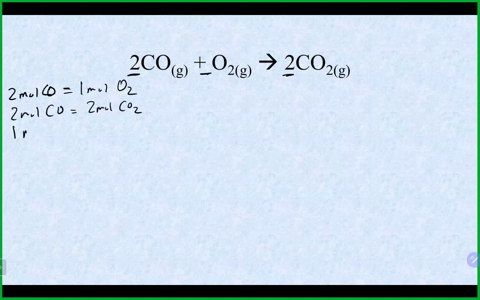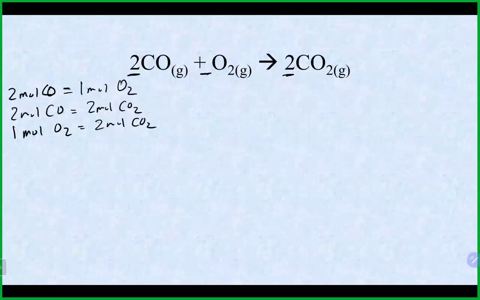And for every 1 mole of O2, we get 2 moles of CO2 out. These are what are referred to as stoichiometric equivalents or equalities. They are not equal to each other. Obviously, 2 does not equal 1, but they are equal to each other in terms of proportion of each of those that you need for this reaction to actually take place.